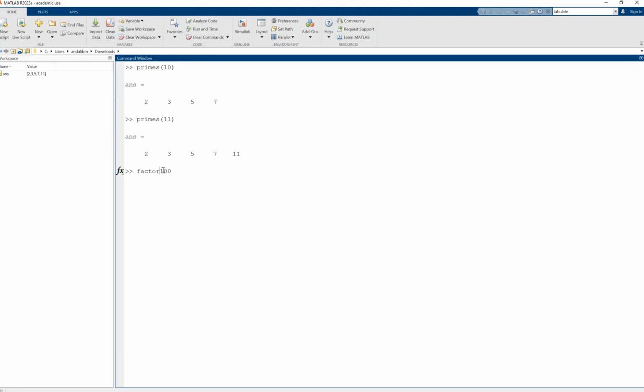To know that, you can use the command factor. If you use factor, you see two 2's and two 5's. Or if it's, for example, 36, it's two 2's and two 3's. You see?